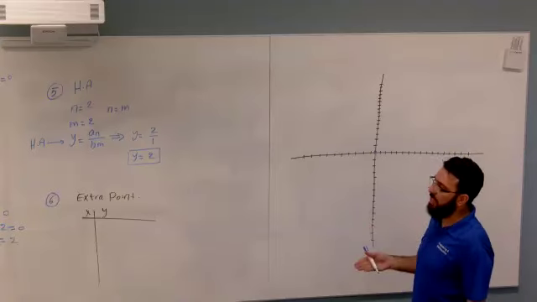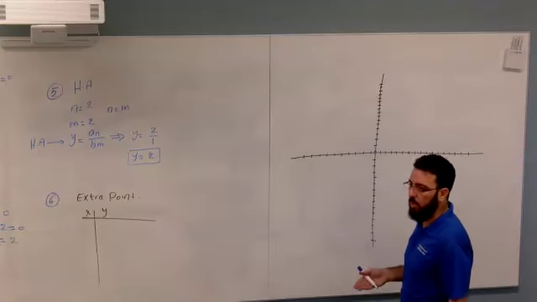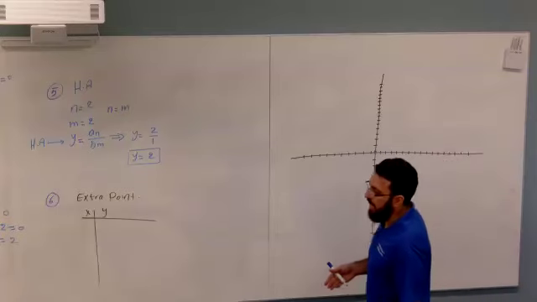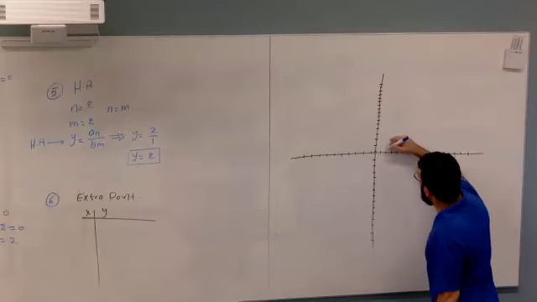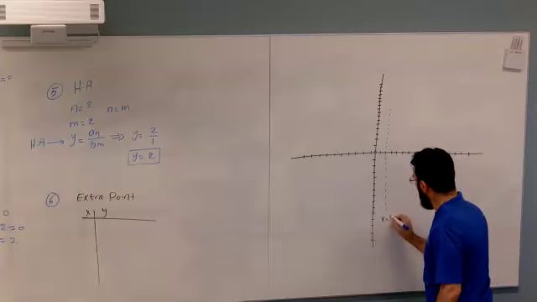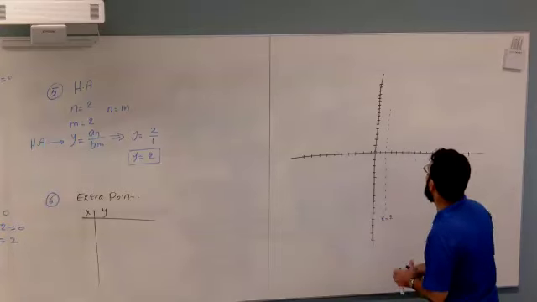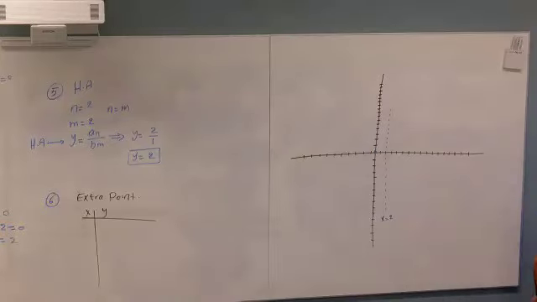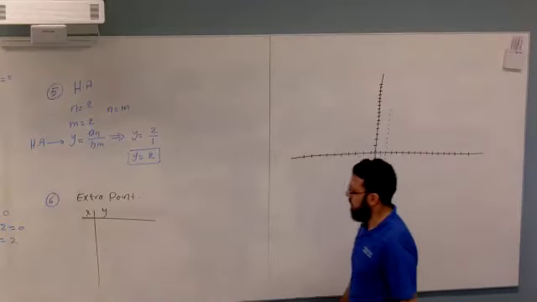Now, vertical asymptote. Where's the vertical asymptote? x equals 2 and -2.